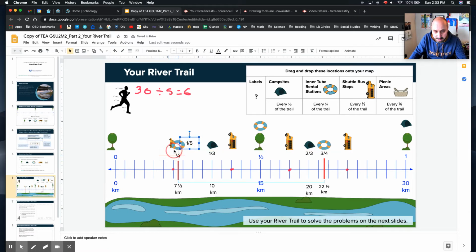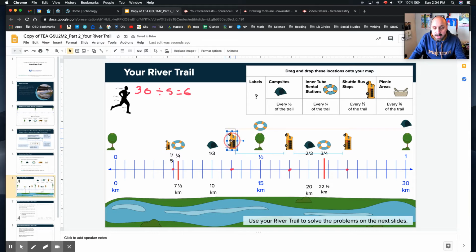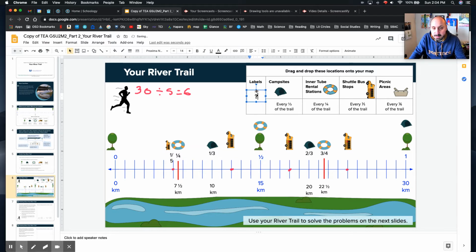You can even make them smaller if you want, because it's kind of tricky to fit these in here. And since my computer's starting to lag again, it's going to be even trickier. But there's my 1/5. It's right there on that dot. I'm trying my best to fit it there.